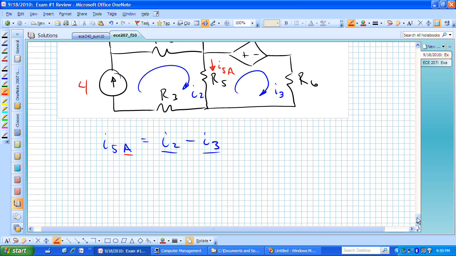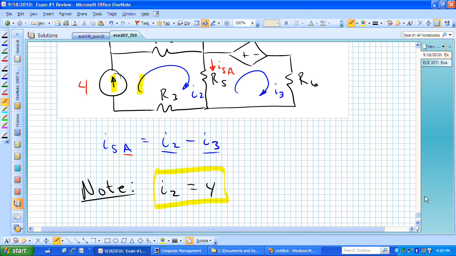You can also see that that particular current source is actually defining I sub 2. Since this particular current is the same as that current, we now know that I sub 2, one of our three unknowns, has already been determined for us.